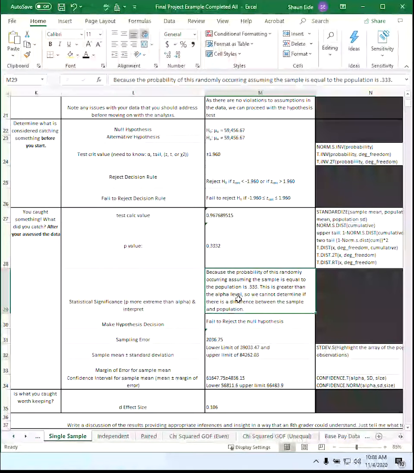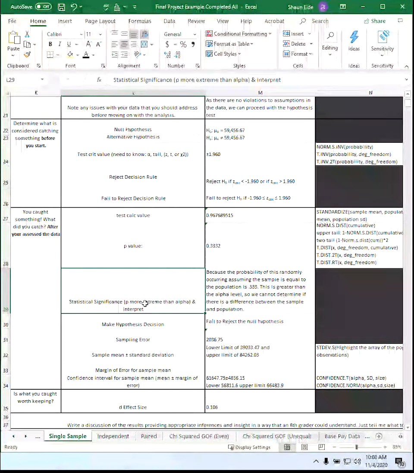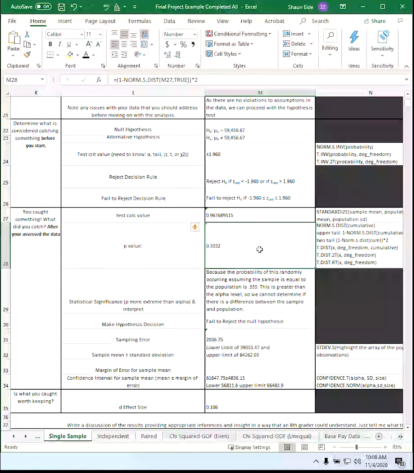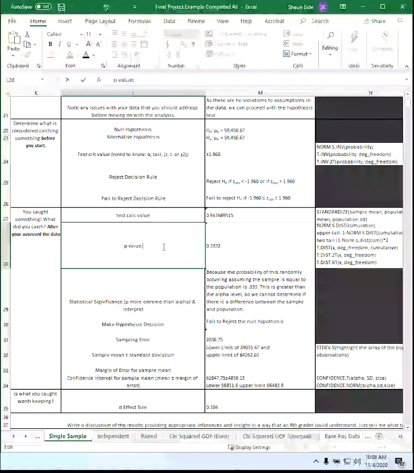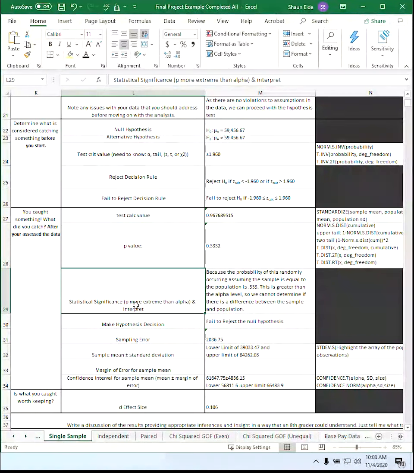There we go. And so I'm going to say, what is the statistical significance? Remember, for the statistical significance, you need to look at the p-value and compare it to the alpha value. If the p-value is lower than the alpha value, then it's significant. If the p-value is greater than the alpha value, it's not significant.